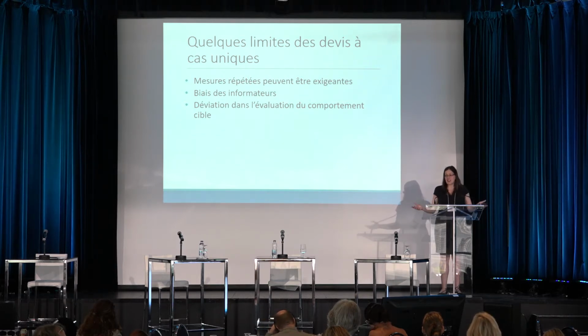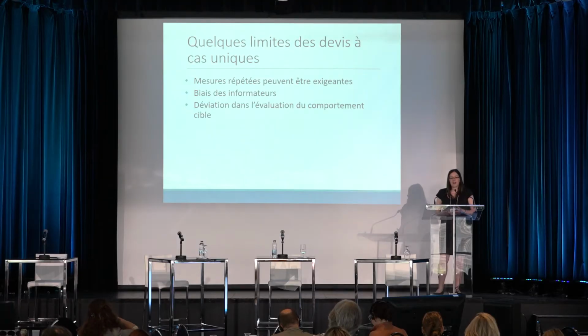And as is always the case with assessment models, there are certain limits. Repetitive measures may be demanding. You have to try and respect the design that's been established in terms of the number of measures to be taken. But given the flexibility of the models, you can plan this out well to try and overcome this type of constraint.